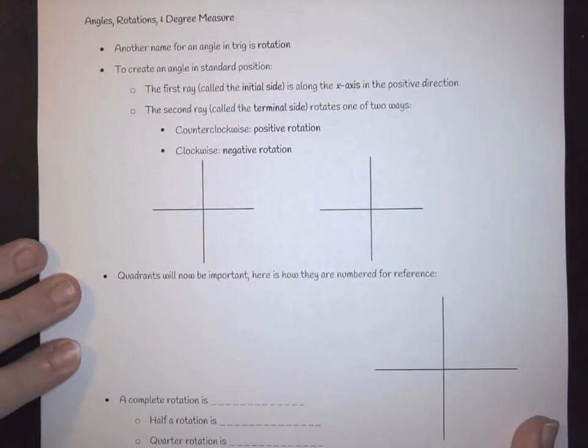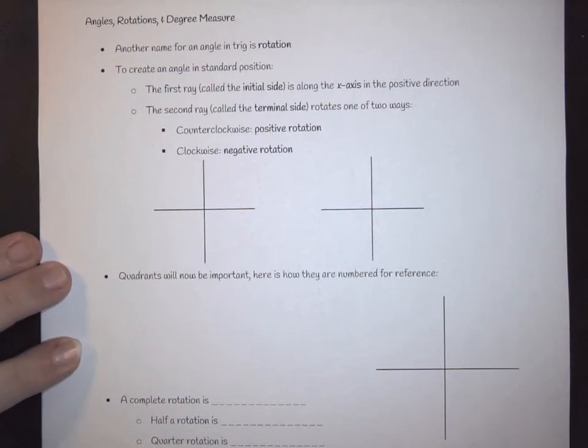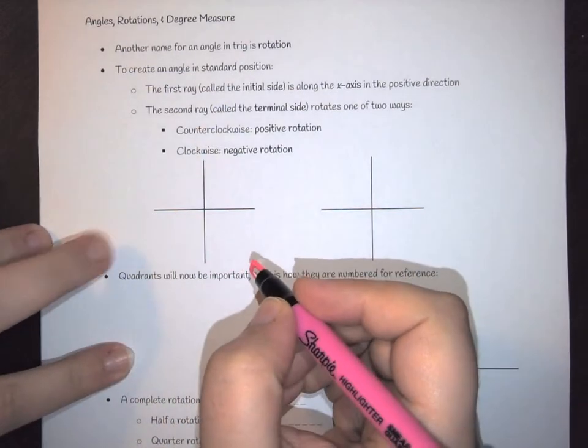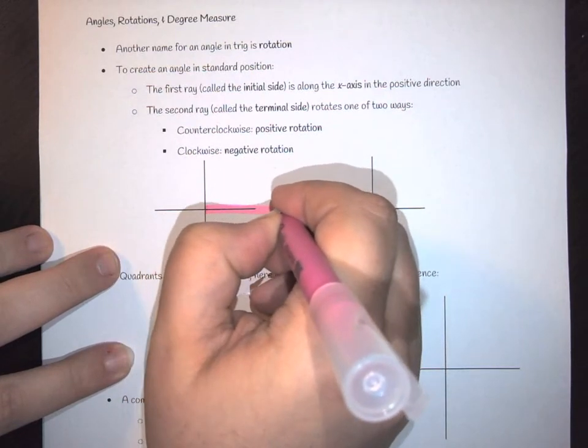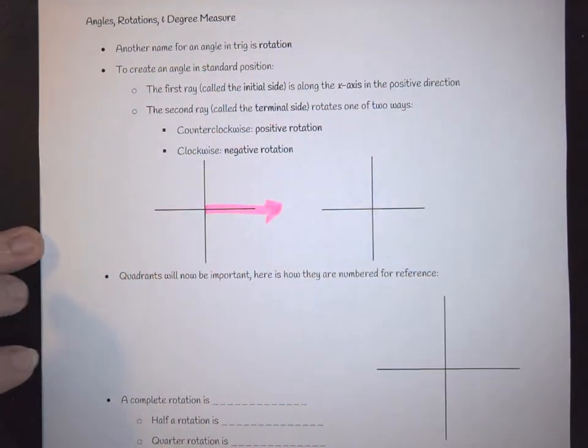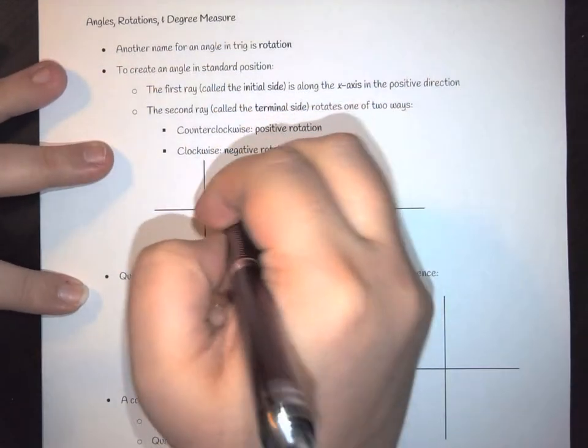So, what are we talking about here? Well, first of all, when we're talking about your initial side, we are talking about a ray, say this pink one, that shoots along that x-axis. Okay, so this right here would be considered your initial.